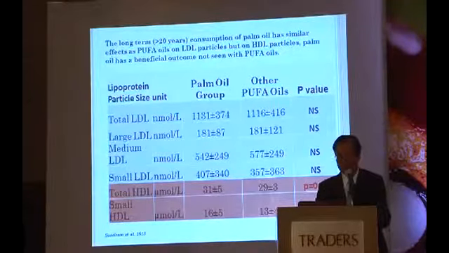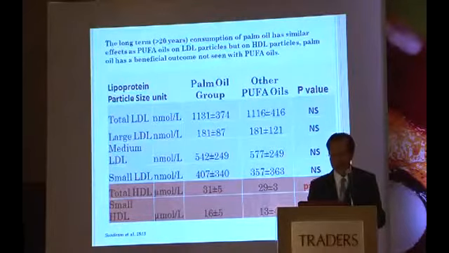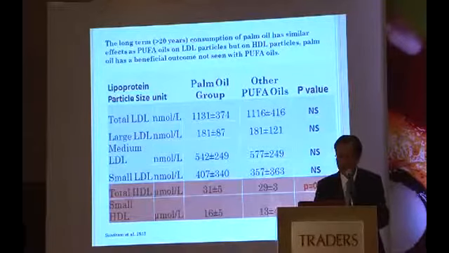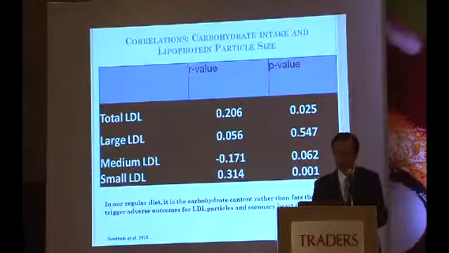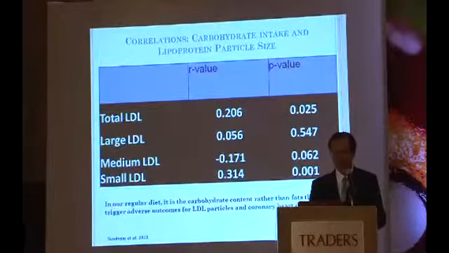that have been consuming palm oil for most of their life, 20 years at least, because we picked people of age 20, and we know most of them would have been consuming palm. So these are the details, but there are risk factors indicated, especially the small LDL is highly correlated with the types and the intake type and the amount of carbohydrates consumed.